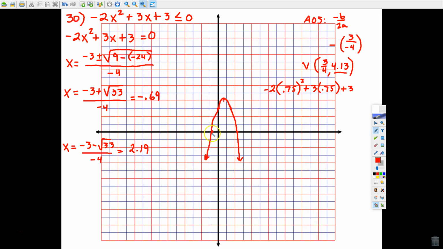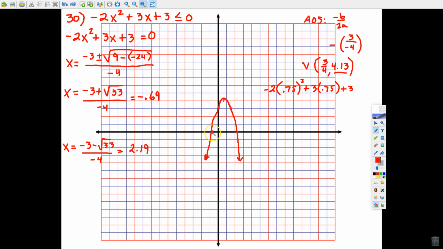Well, obviously it's below the x-axis from this x and forever going to the left. Remember, I've shortened this parabola, but it's just going to continue to go down and left forever. Okay, that's a little drastic, but just to overemphasize the point. And over here, it's just going to continue to go down and right forever.